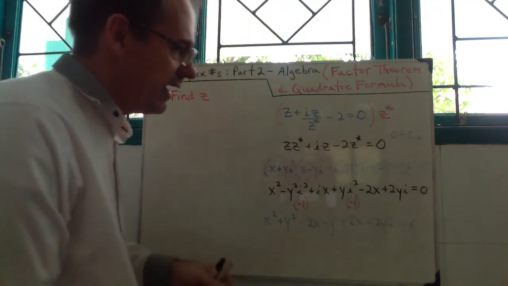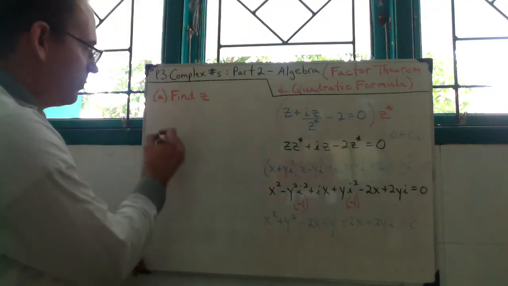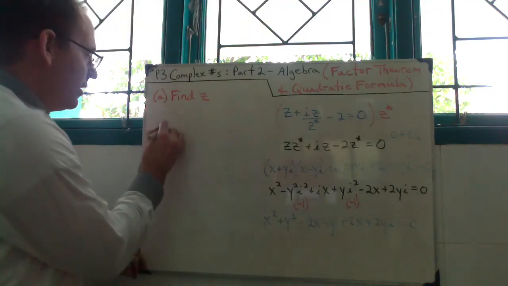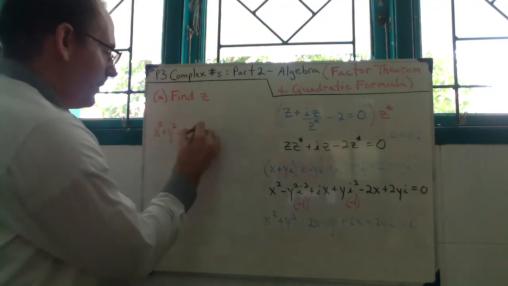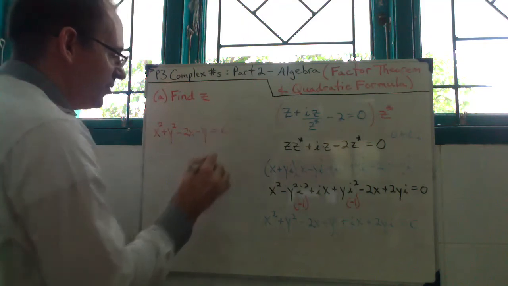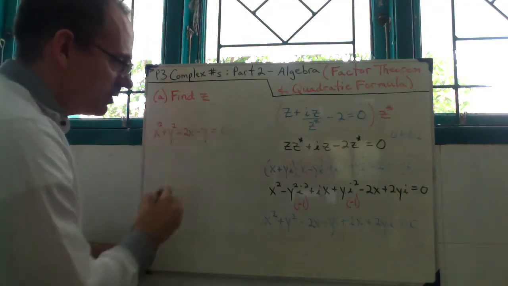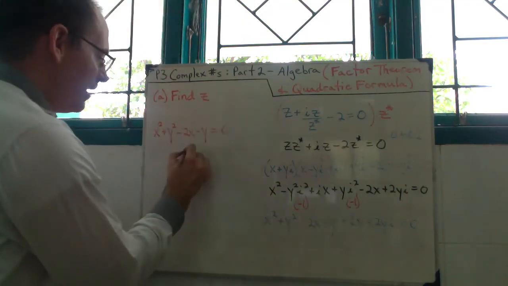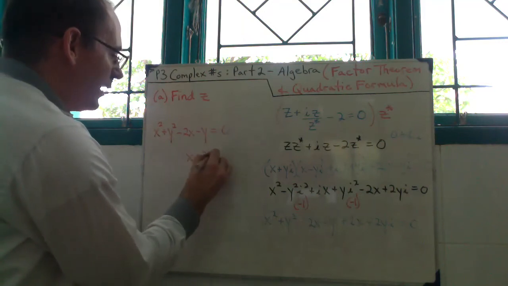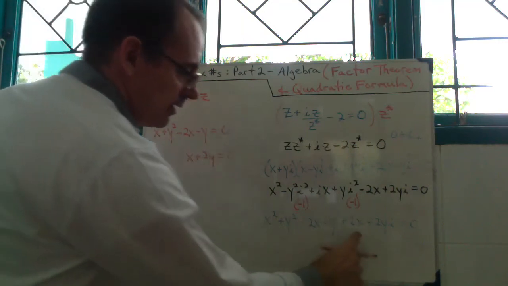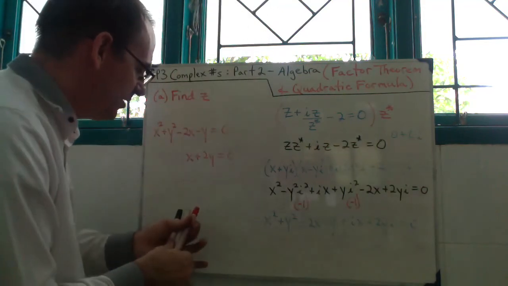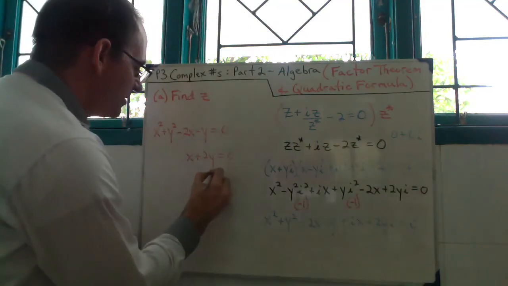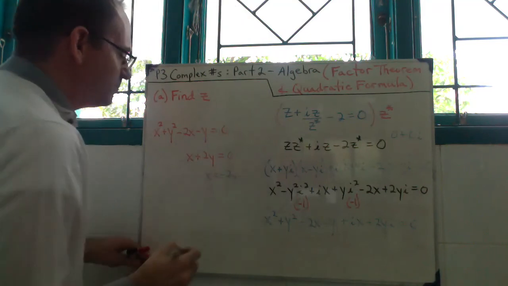So we're going to use that and create two separate equations. x squared plus y squared minus 2x minus y equals 0. That's the real component. And we also have x plus 2y equals 0. That's the imaginary component. So from this, we now have x equals negative 2y.